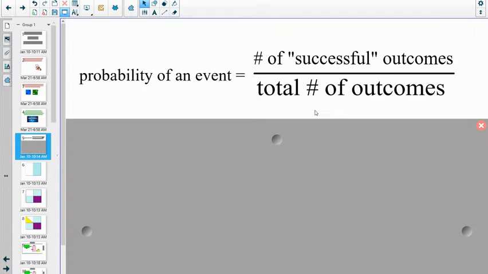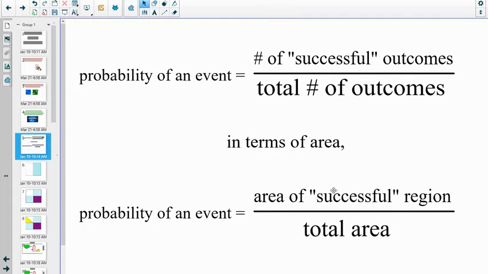Basically, probability is this formula, the only formula that we really need for probability. The probability of something happening, whether it's flipping coins or buying Powerball tickets, is the number of successful outcomes divided by the total number of outcomes. Now, in terms of area, the probability of an event happening is the area of a successful region.